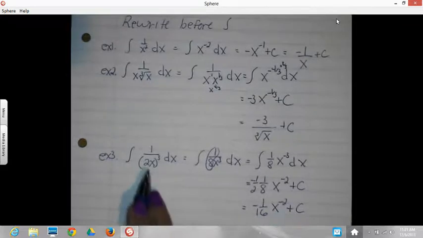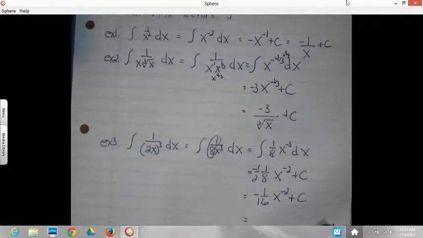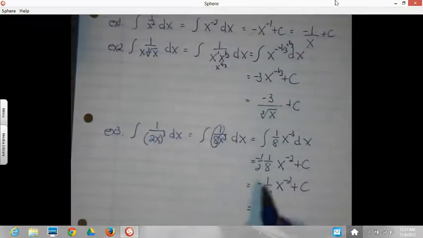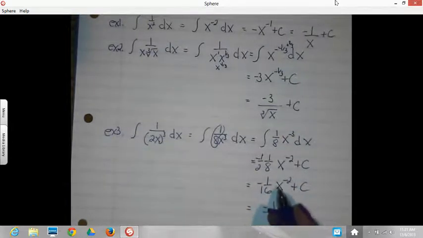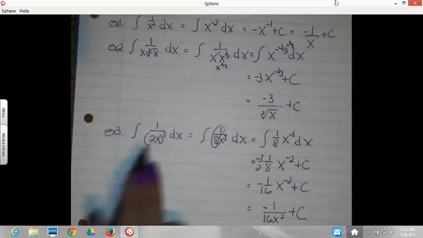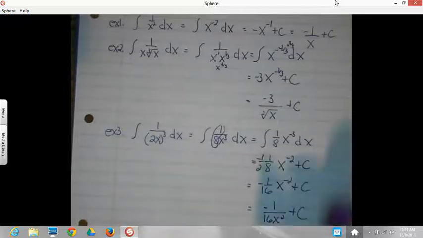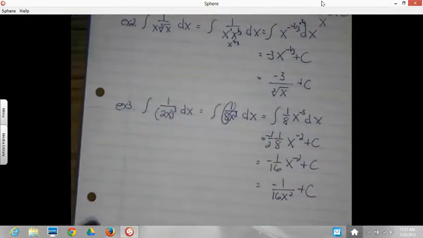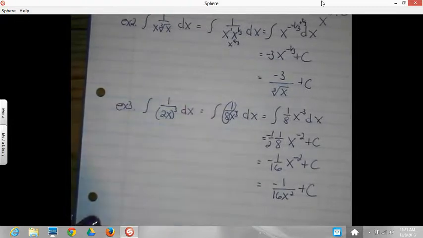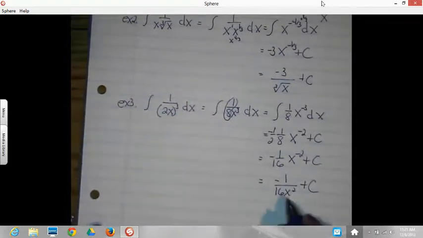So writing it in the form that it started, in the numerator I would have a negative 1. In the denominator I'm going to have the 16 and the x squared plus c. Just matching the format of the first one. Oh, and really, if I wanted to, I could make it 4x quantity squared to really match that, but that's good.